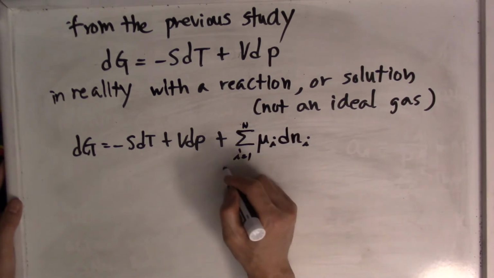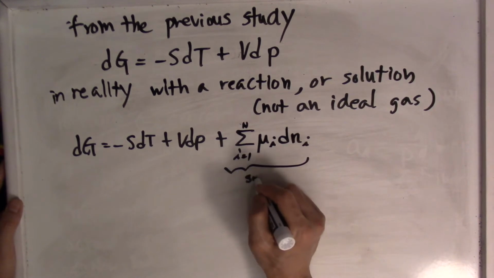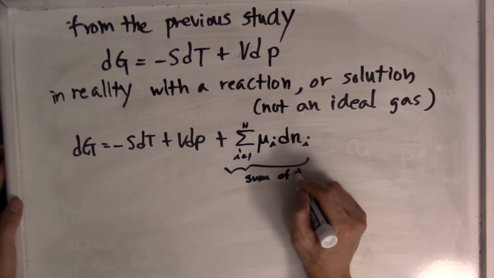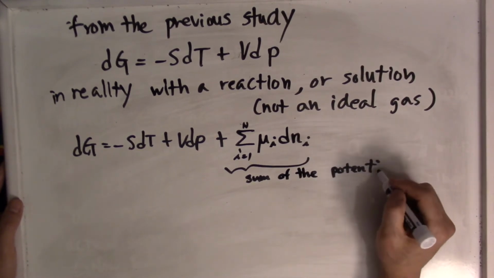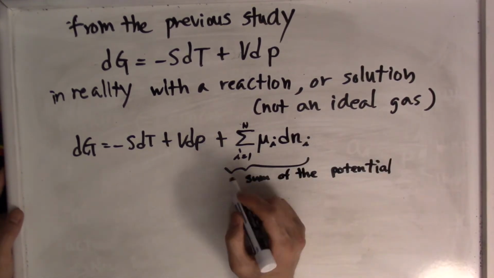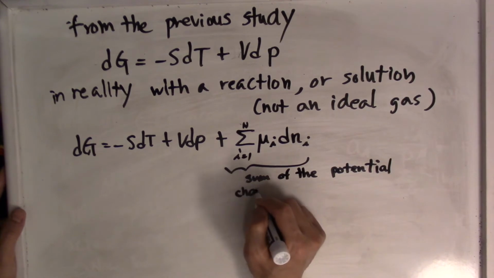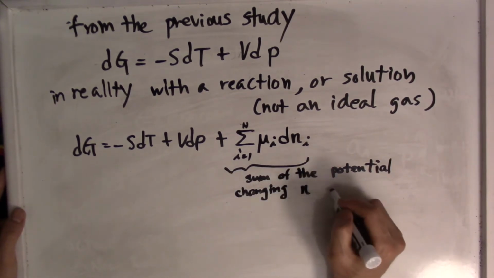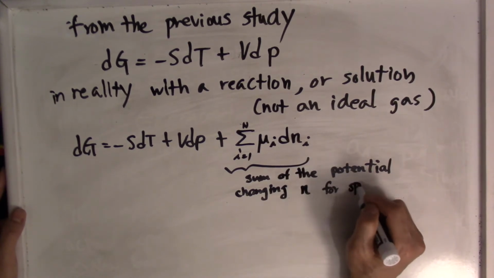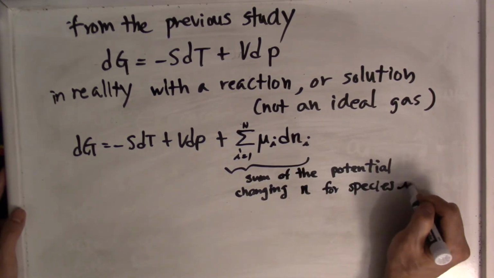So this is a sum of the chemical potential times the change in n for species. All right, so keep that in mind.